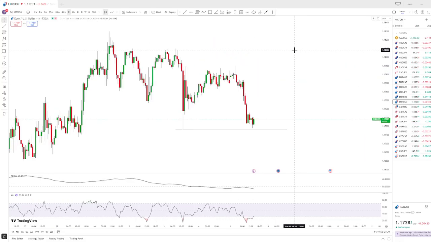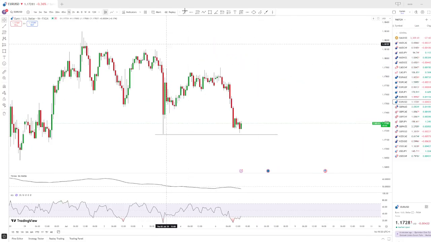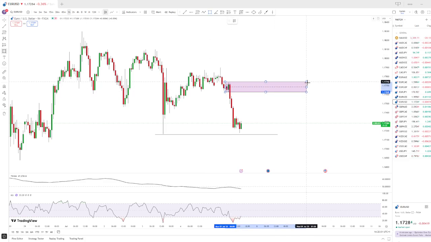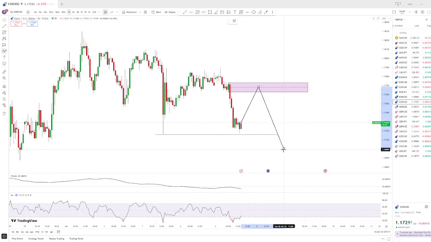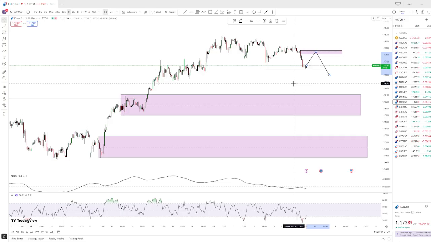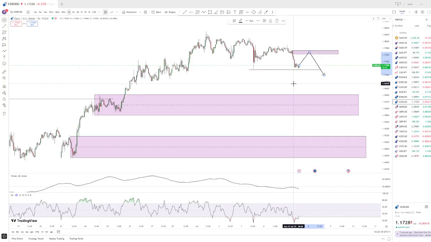If I had to go by what I'm seeing right now, I'll be tempted to watch out for price to still give us a pullback, something similar to what I said for AU, and I think gold also. I'm very tempted to still watch out for a possible pullback up to here, and then maybe we get to sell again. This still seems very plausible from my perspective right now.